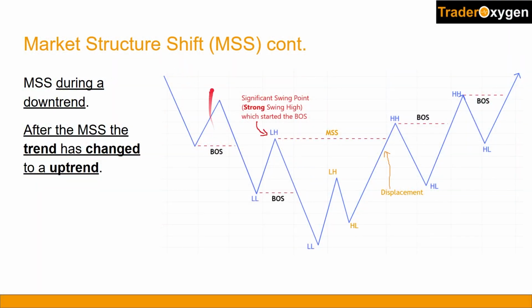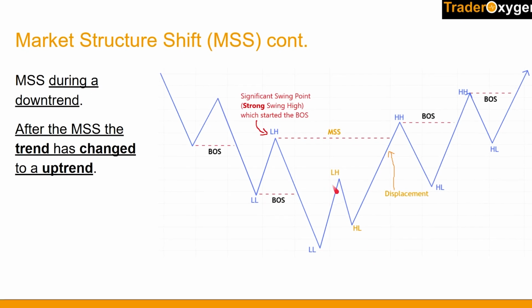So this is another example for that. Okay, now let's look at market structure shifts happening during a downtrend. So this is how you see a market structure shift in a downtrend. Same. It's a downtrend making breaks of structure, lower highs. So when it makes a pullback, we expect the price to go further down and make a lower low.